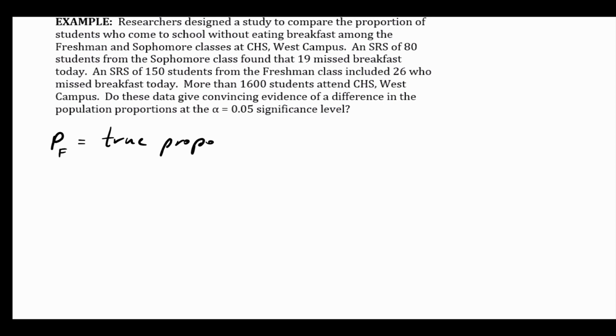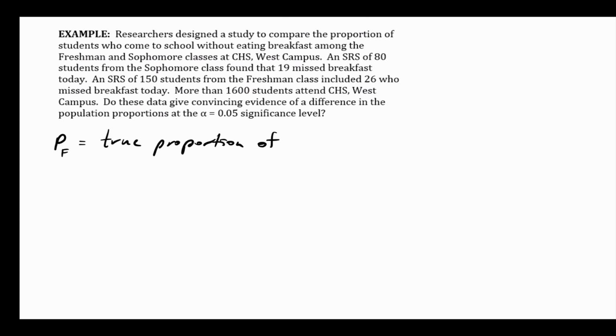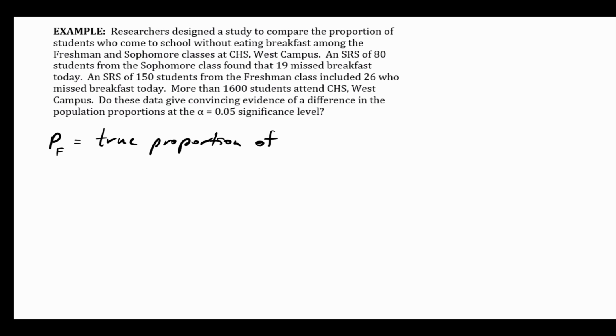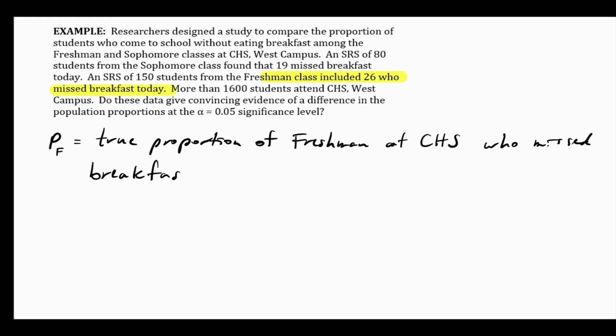So P sub F is the true proportion of freshmen at CHS who missed breakfast.